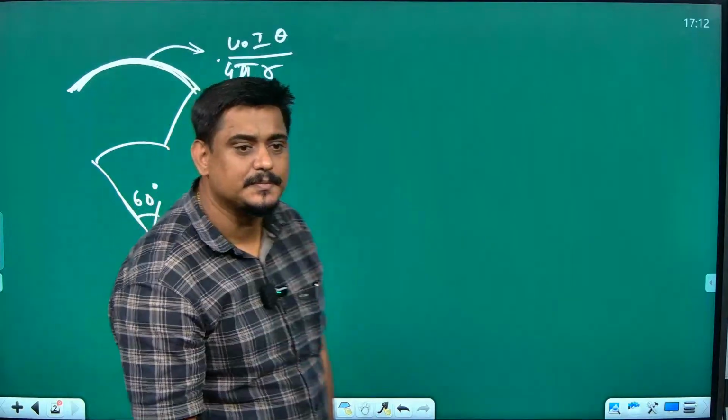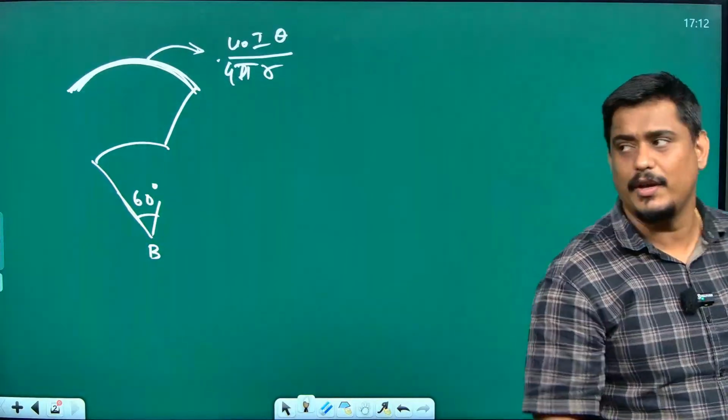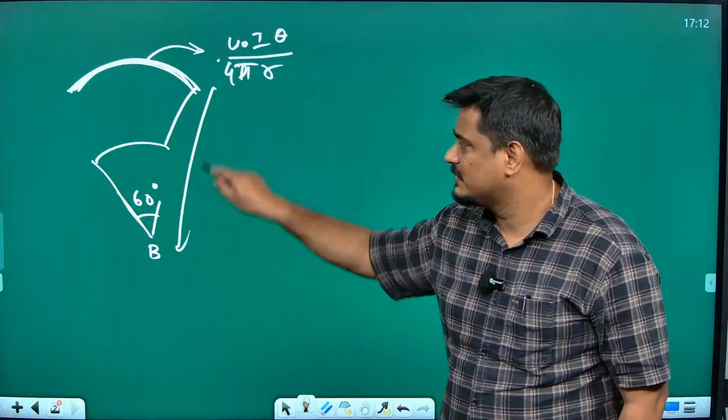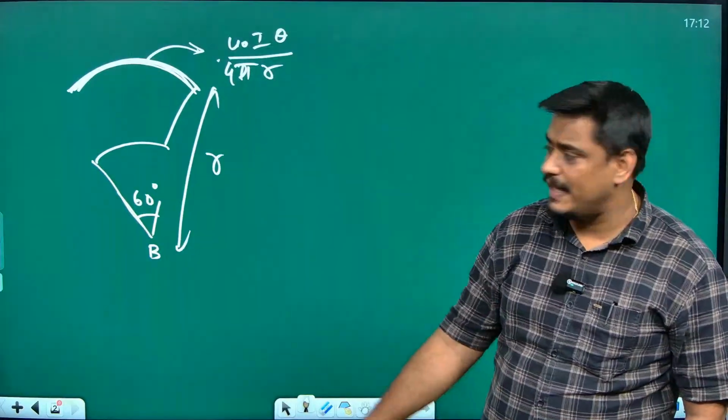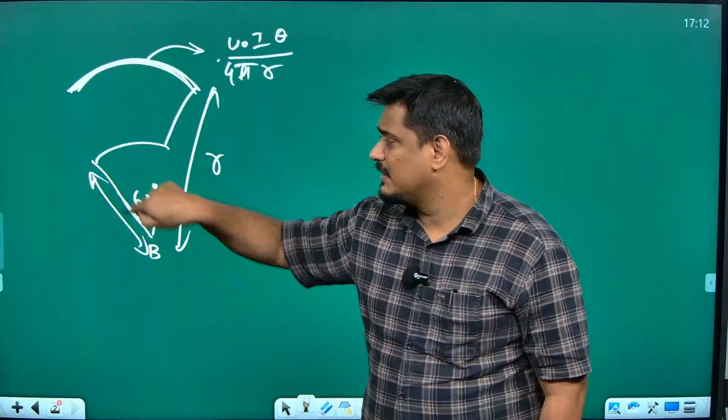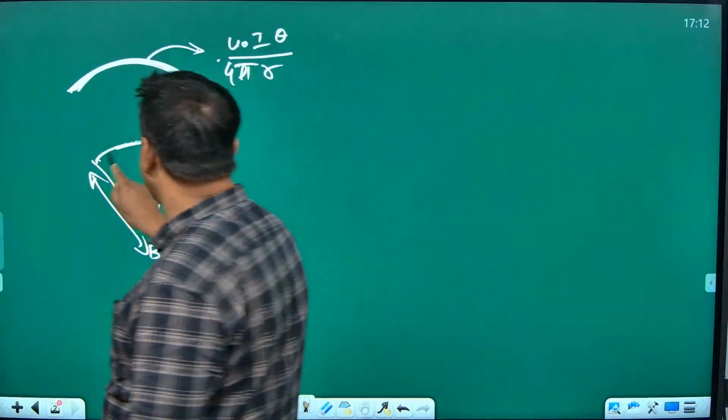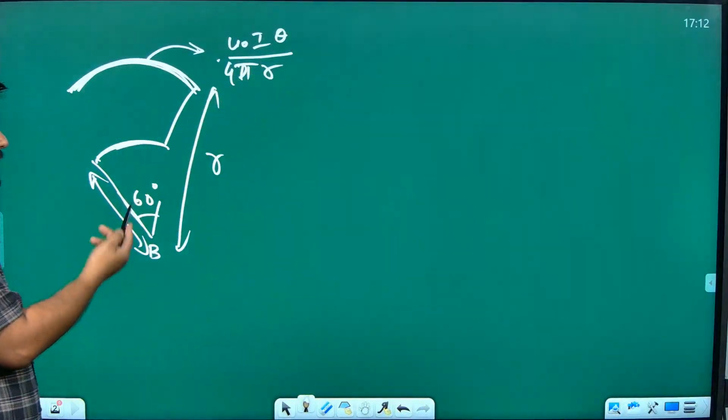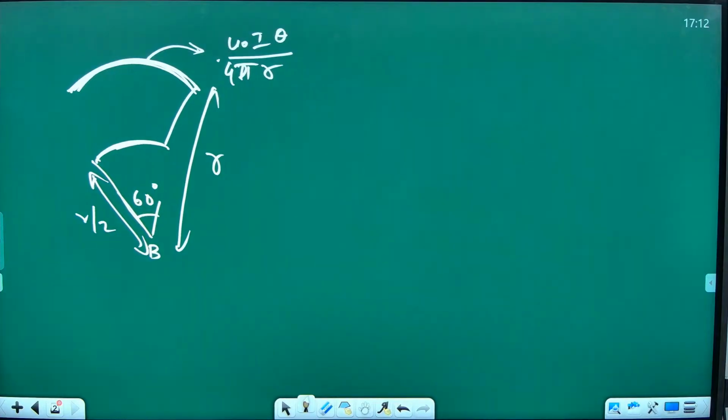Remember that. So here r will be this length. Same way for this length, the value of magnetic field will be mu naught I theta by 4 pi r. Let this be r by 2, whatever it may be. You can find the value of magnetic field.